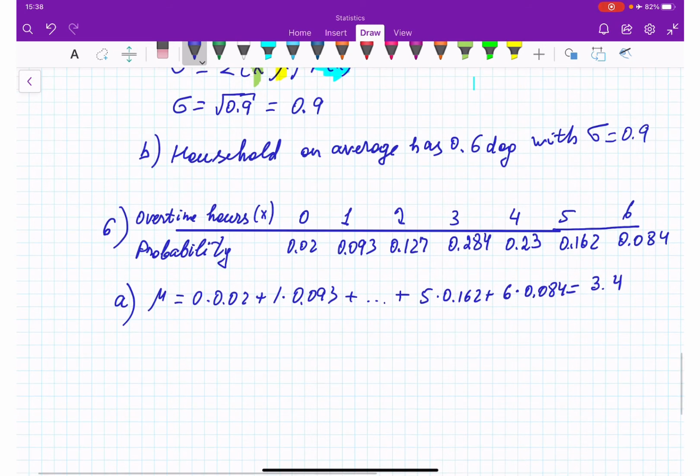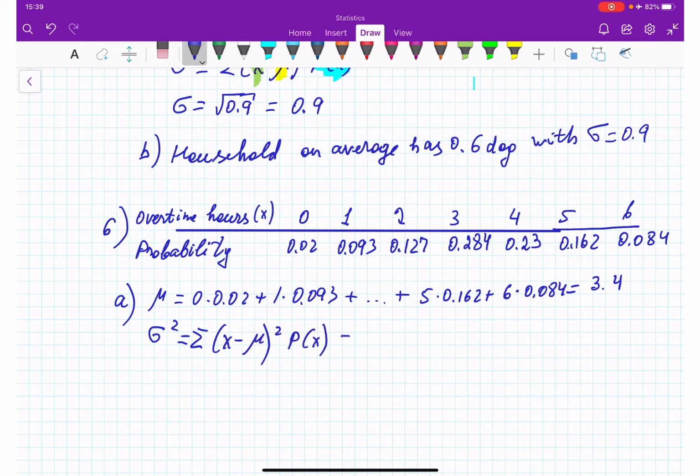Okay, variance, which is sigma squared. Sum of x minus mu squared times probability of x.